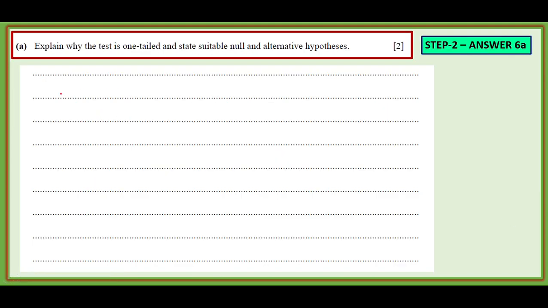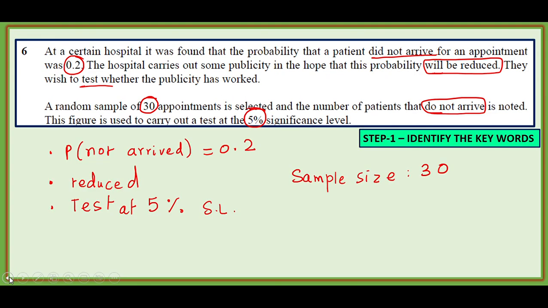The first part of the question is: explain why the test is one-tailed and state suitable null and alternative hypotheses. They themselves have told us it is a one-tailed test, but we need to give a reason why. When we go back to the main question, we can understand the probability will be reduced. This is the keyword for having a one-tailed test.